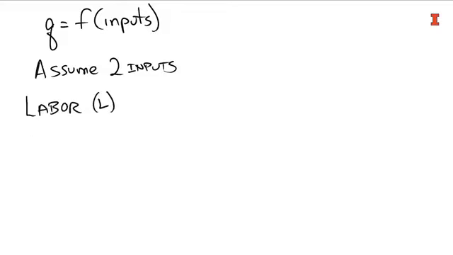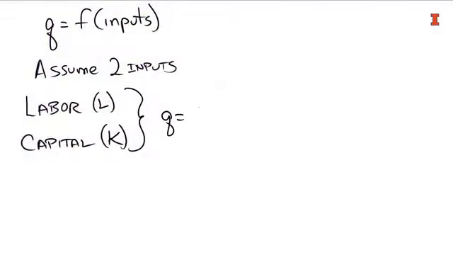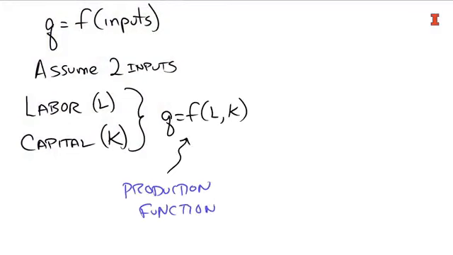These two inputs are going to be called labor, which we'll call L, and capital, which we'll call K. Economists use K for capital because C is typically already taken by costs. Okay, so we'll use K for capital in this situation. And that means that Q is equal to a function of labor and capital. Okay, this is what we call a production function.